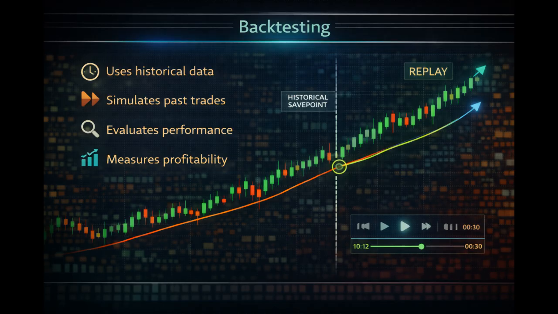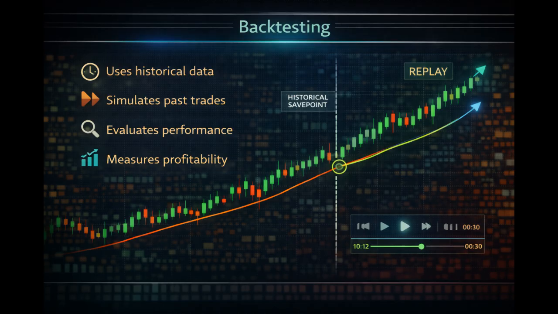Backtesting in algorithmic trading. Backtesting plays a critical role in algorithmic trading development. Before deploying automated trading systems, developers must ensure that their algorithms perform reliably. In algorithmic trading workflows, strategies typically go through 3 stages. 1. Backtesting using historical data. 2.